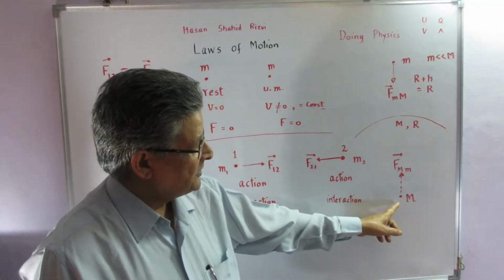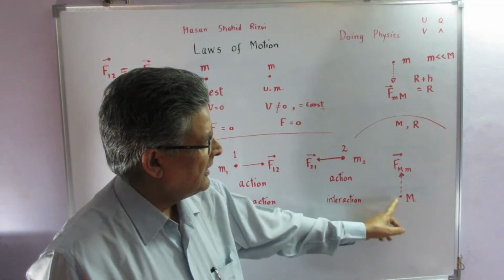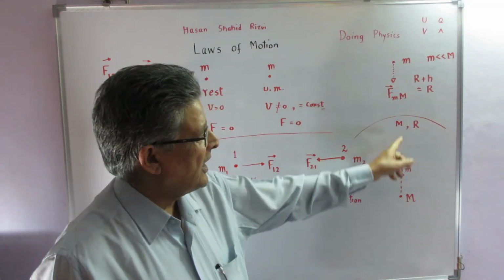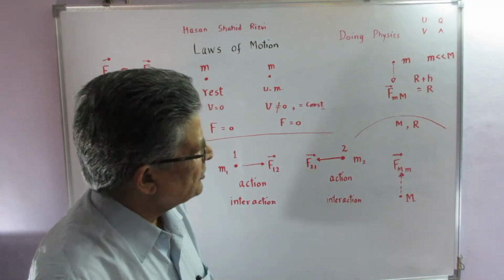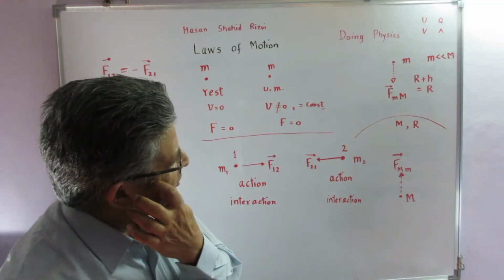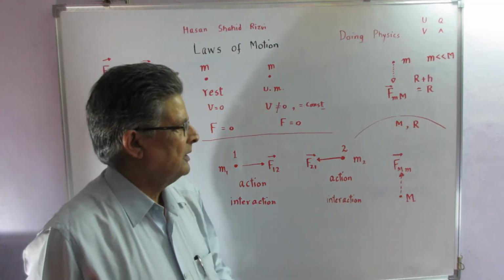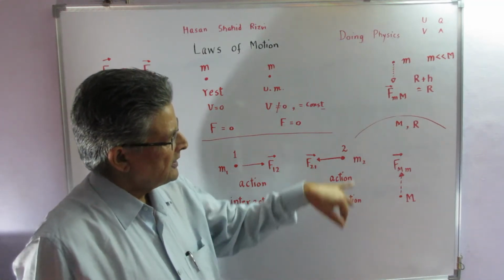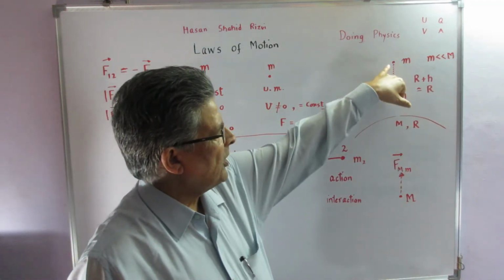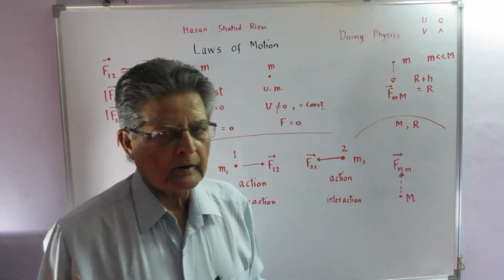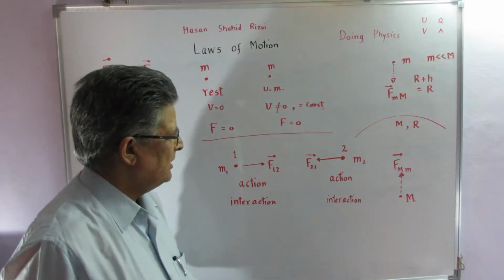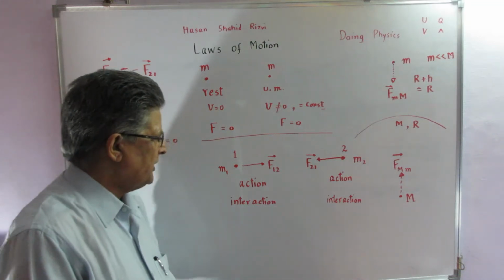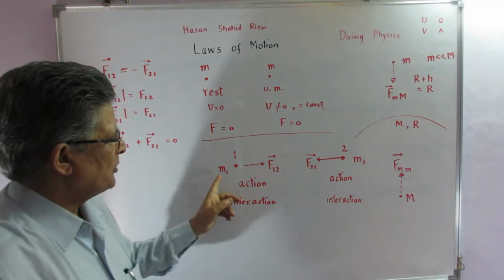Then this earth will also fall towards the body, and you will see in due course about the law of conservation of momentum, that for the earth-body system, the total momentum of the system remains conserved. But here it is not the occasion to talk about these things.